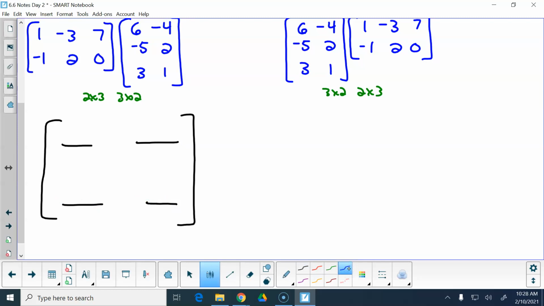So it's going to be 1 times 6 plus negative 3 times negative 5 plus 7 times 3.